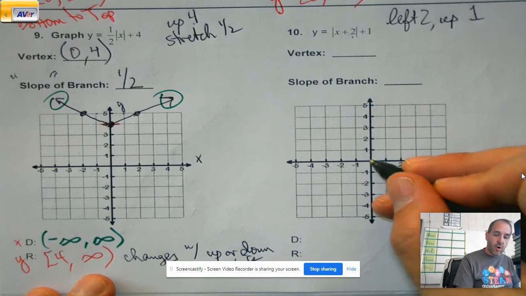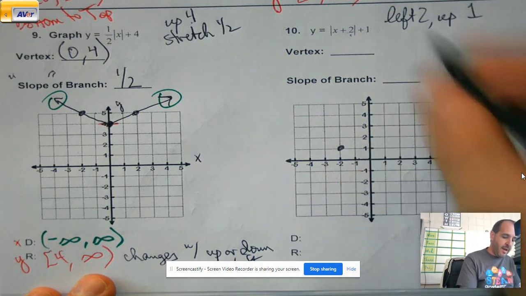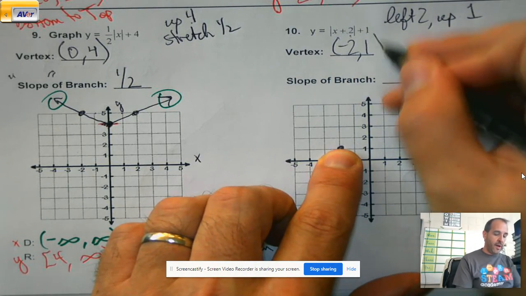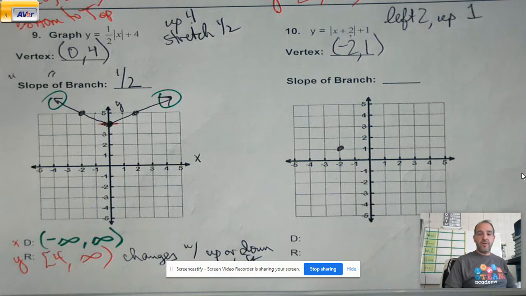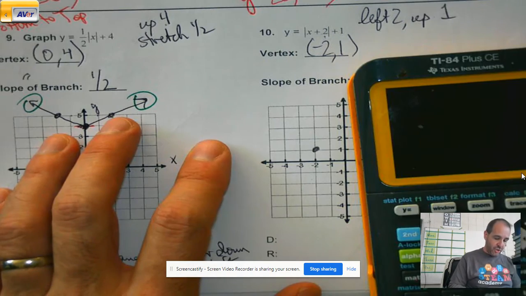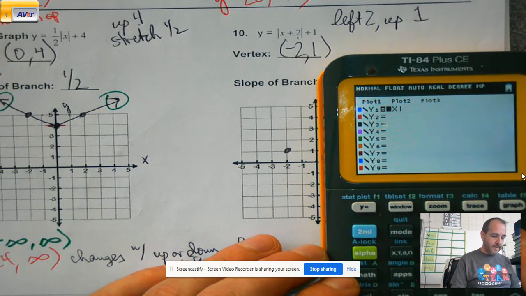So if I start at the origin, and I go left 2 and up 1, where am I? I'm at -2, +1. Okay? The shifts go right with where your vertex is going to go. And again, you could find this as well if you were doing it on your calculator. Just find where the symmetry is. Here, I'll show you one more time on this, just so you can kind of see how this works.